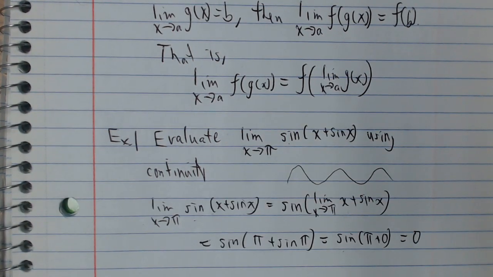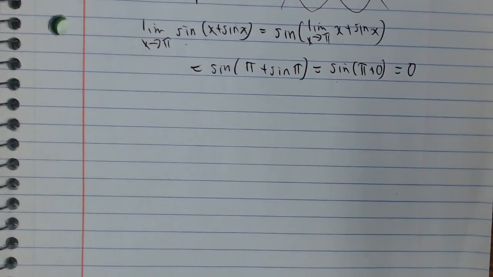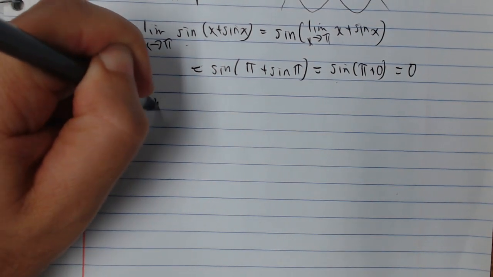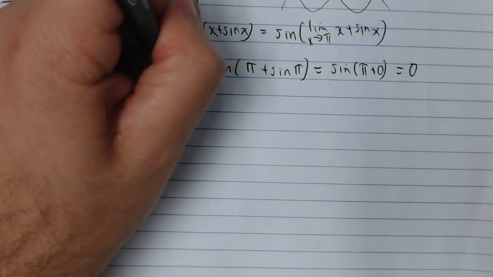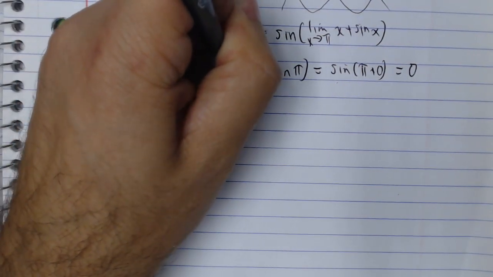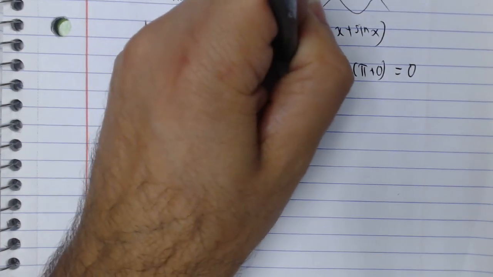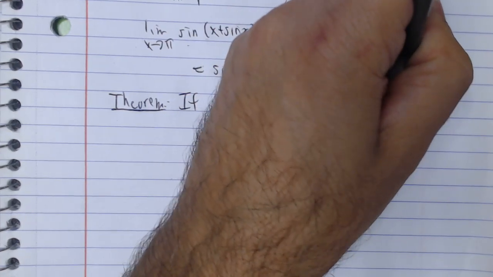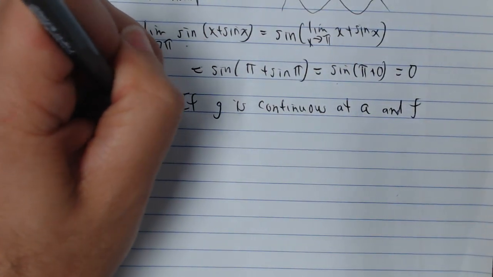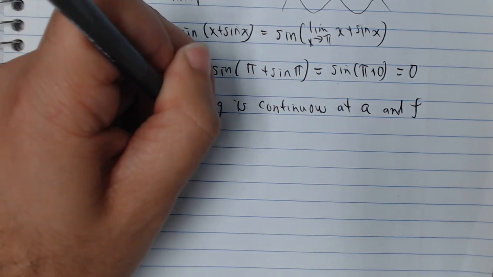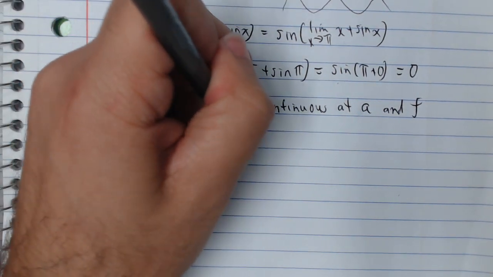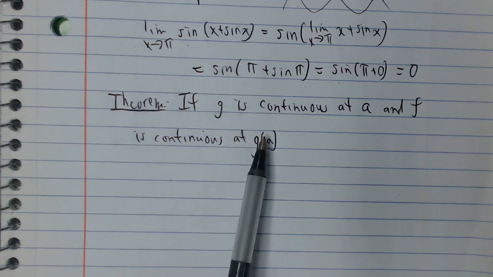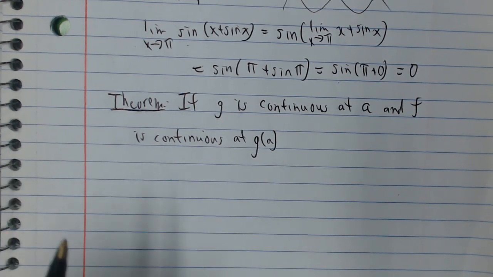Okay, so let's move on to our next theorem, which has to do with some more concepts of continuity. So our next theorem says, if g is continuous at a and f is continuous at g of a. Now, why do I care about g of a? Well, this is going to have to do with a composite function, and you'll see exactly why I care about g of a in a minute.